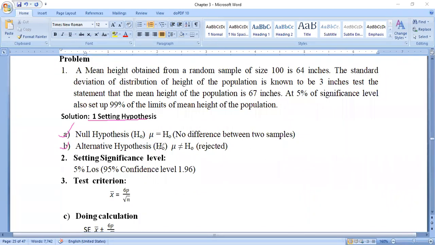Alternative hypothesis HA: mu is not equal to mu naught. Then setting suitable significance level. 5% LOS means 95% confidence level, and 1.96 is the critical value, that is the Z critical value. Then test criterion: we are going to apply this formula, standard error of X bar is equal to standard deviation of the population divided by under root N.